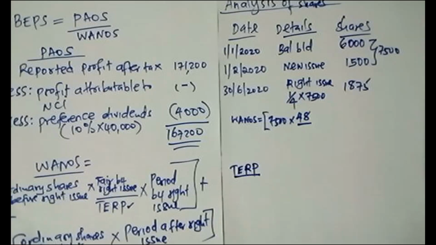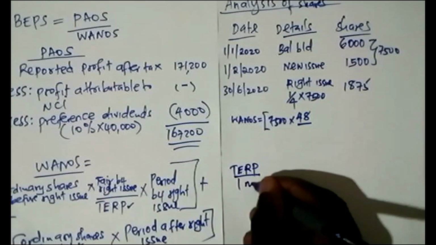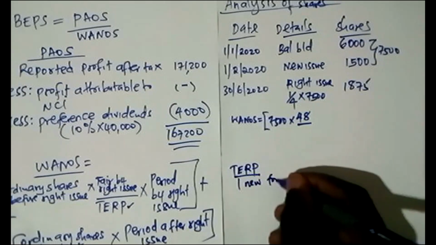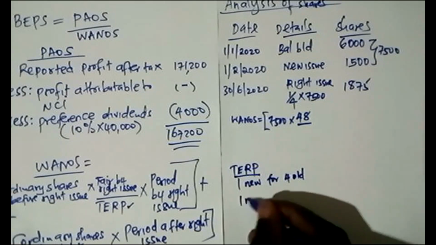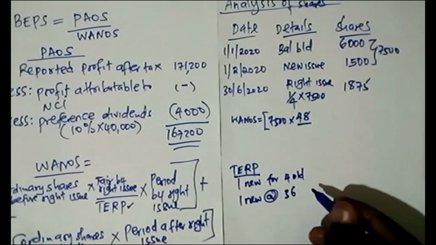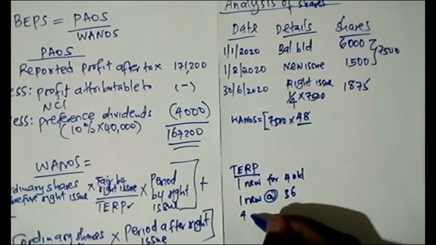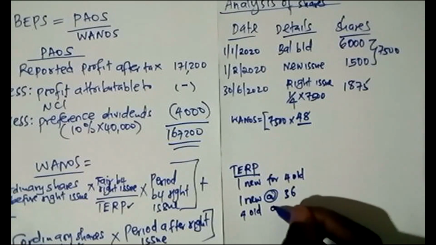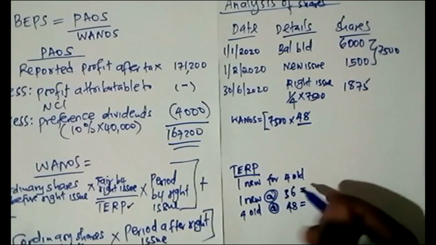For the theoretical strike price, we always say that the proportion was 1 new for every 4 which were held. So 4 old. The 1 new is at the exercise price, which was 36 as per note 2. Then 4 old is at the existing market price of 48, from note 2.